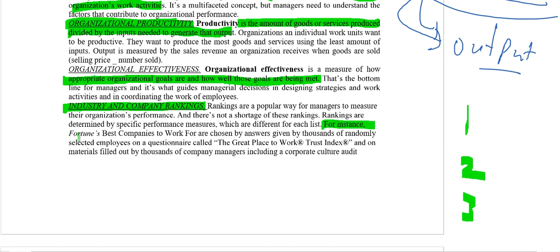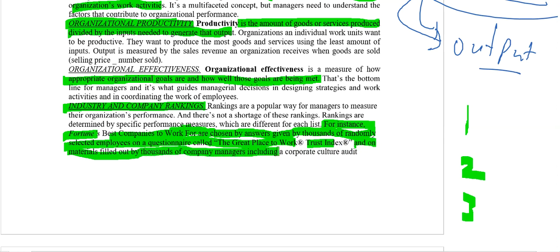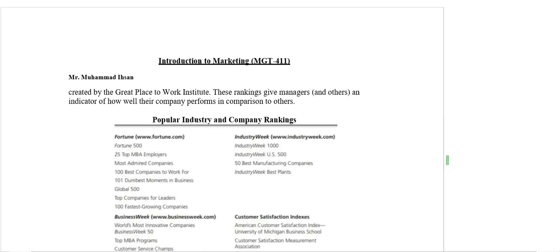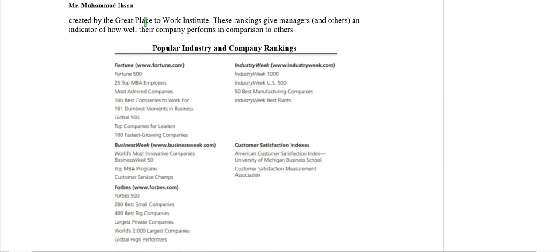For instance, Fortune's best companies to work for are chosen by answers given by thousands of randomly selected employees on a questionnaire called the Great Place to Work Trust Index, and on material filled out by thousands of company managers, including a corporate culture audit created by the Great Place to Work Institute.